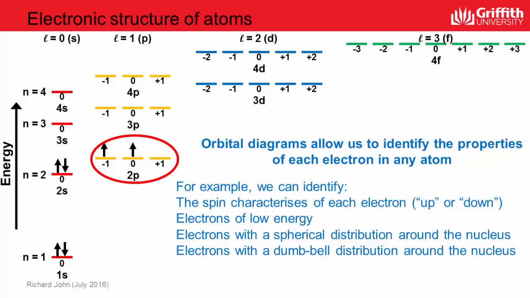For example, these 2 electrons in the p subshell have a dumbbell distribution, and we can also identify the orientation of that distribution. For example, this electron is oriented with its dumbbell shape around the x-axis and this one around the y-axis. And we can basically do this for all electrons in any atom of any element.